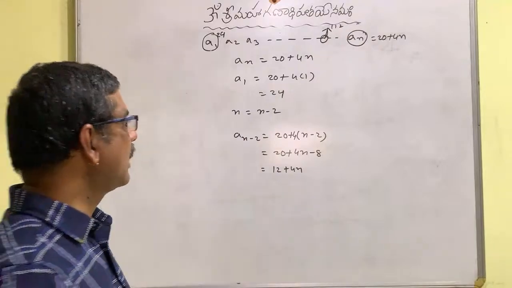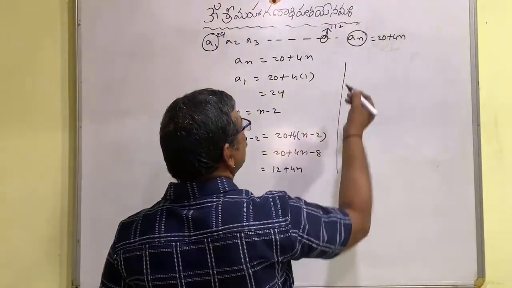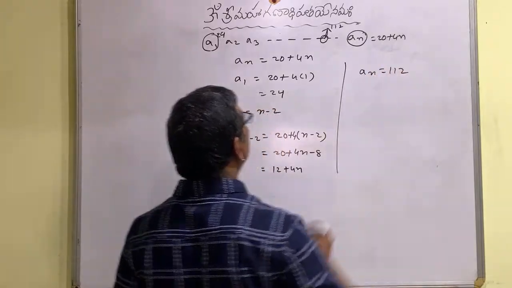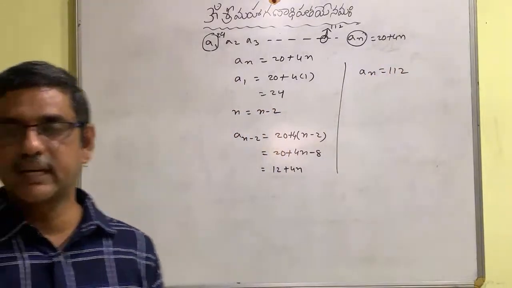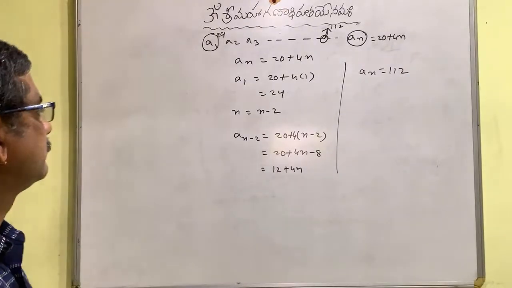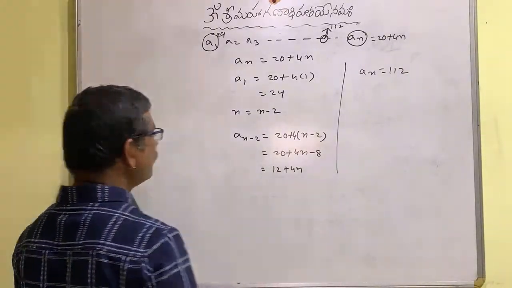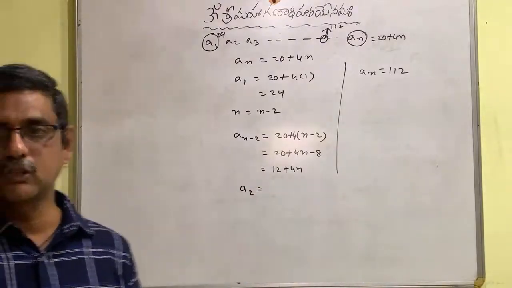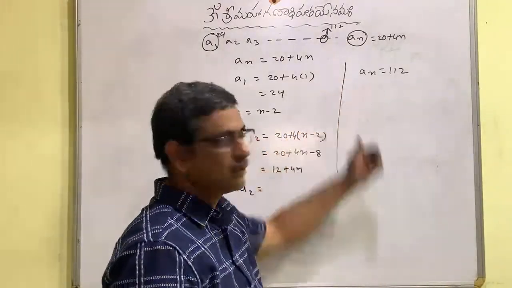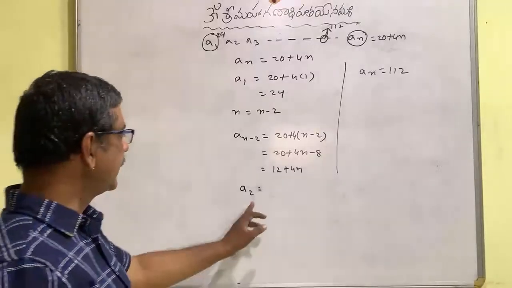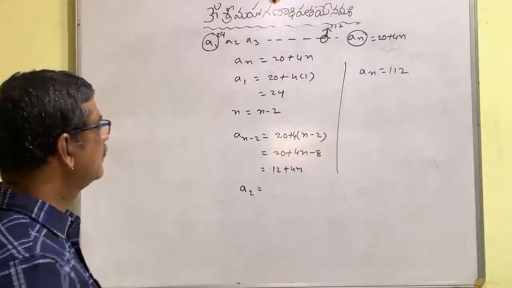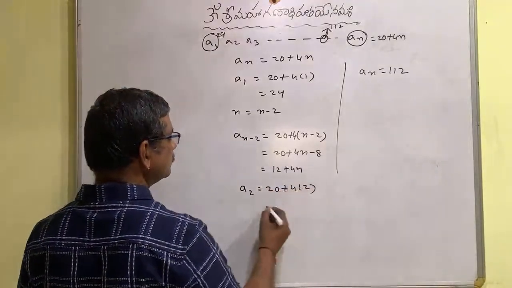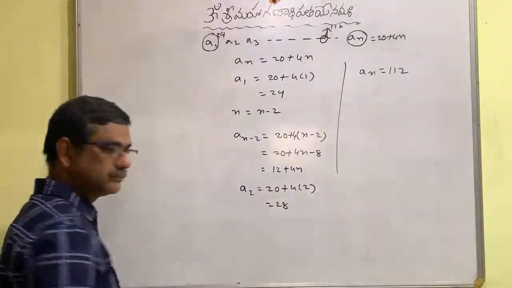So in general, we'll consider a_n is 112. Before this, we need to find a2 also. a2 means 20 plus 4 into 2, which is 28.